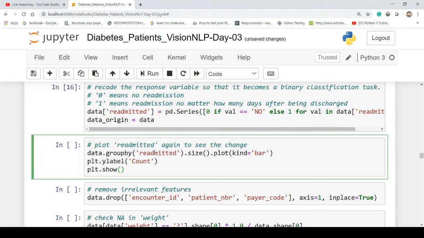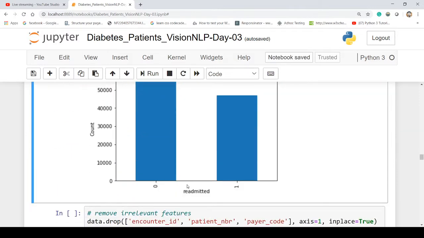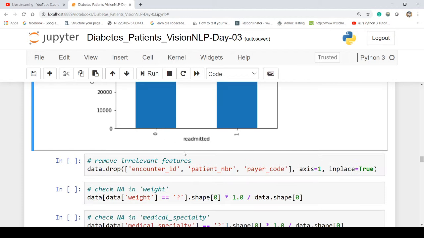Like data.groupby readmitted dot size, plot kind equal to bar, because we are trying to build a bar plot, the bar chart. So now you can see that these many people were readmitted and these many were not. So I was telling about all this, right?